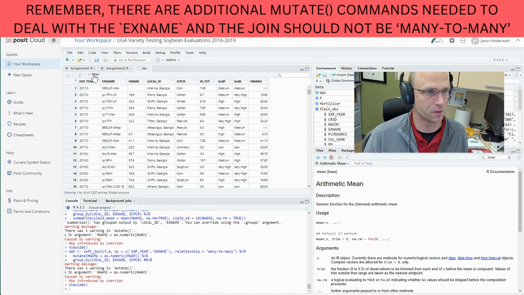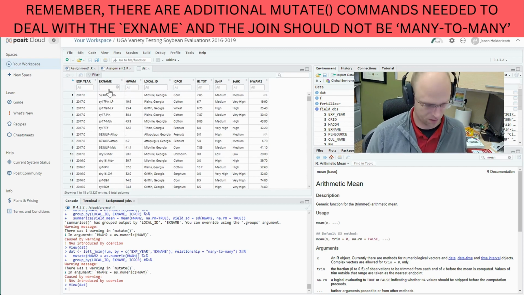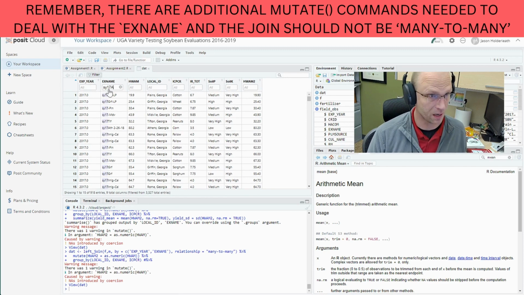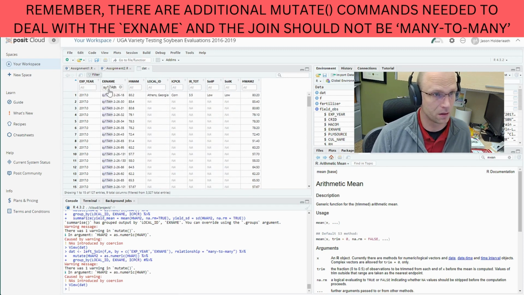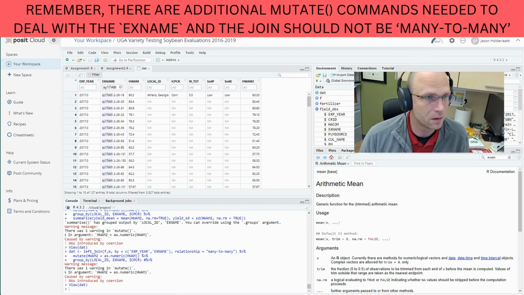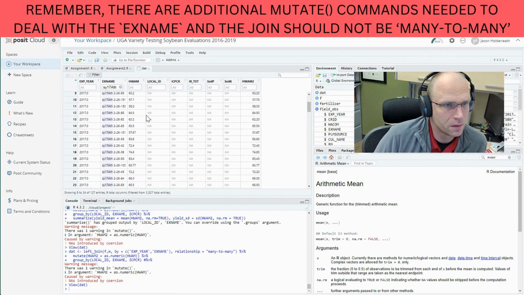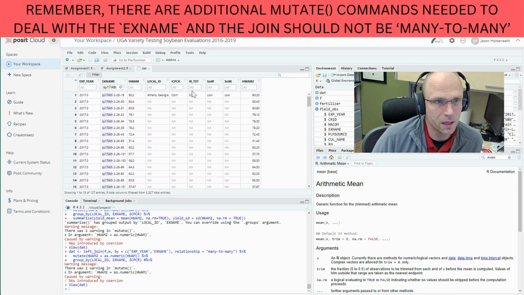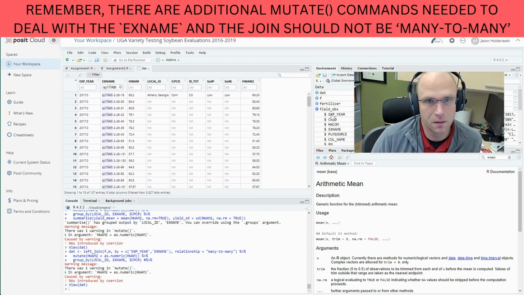And we're going to filter SY17 Ath. Okay. So let's look at that. Now let's go back to the metadata.